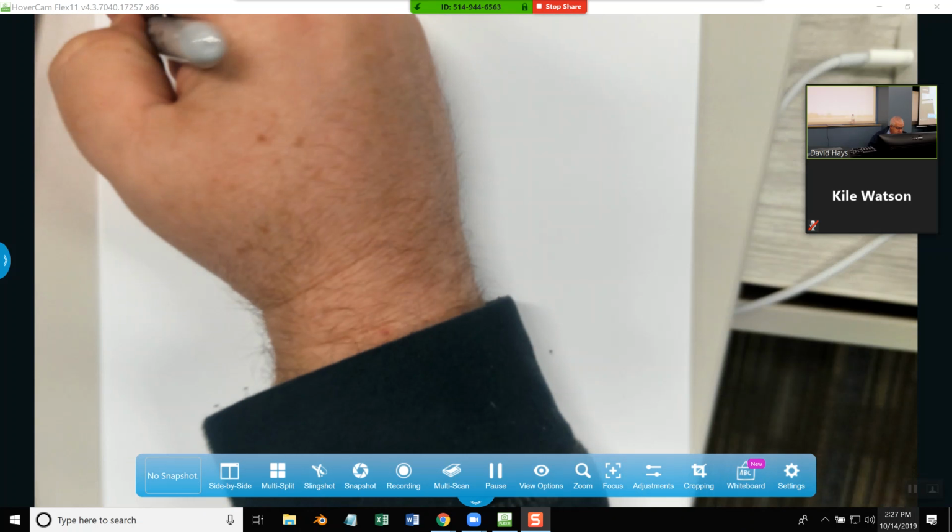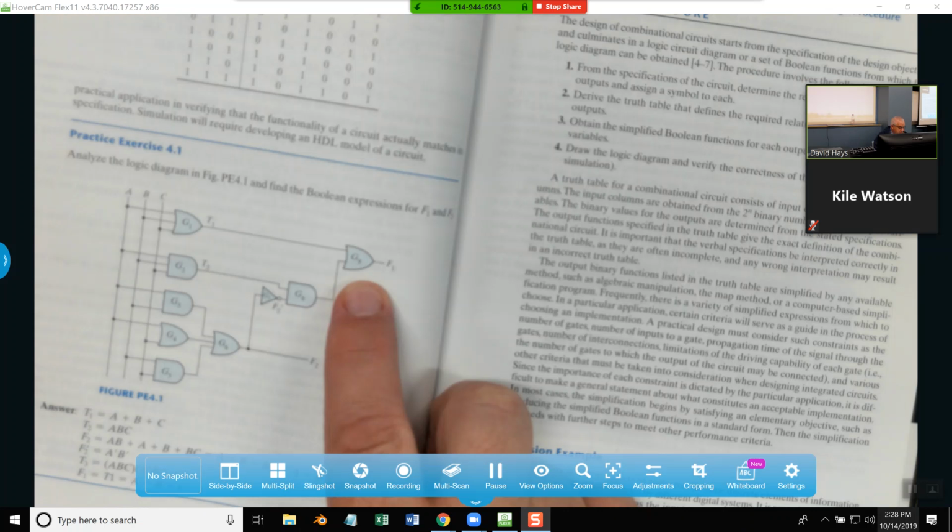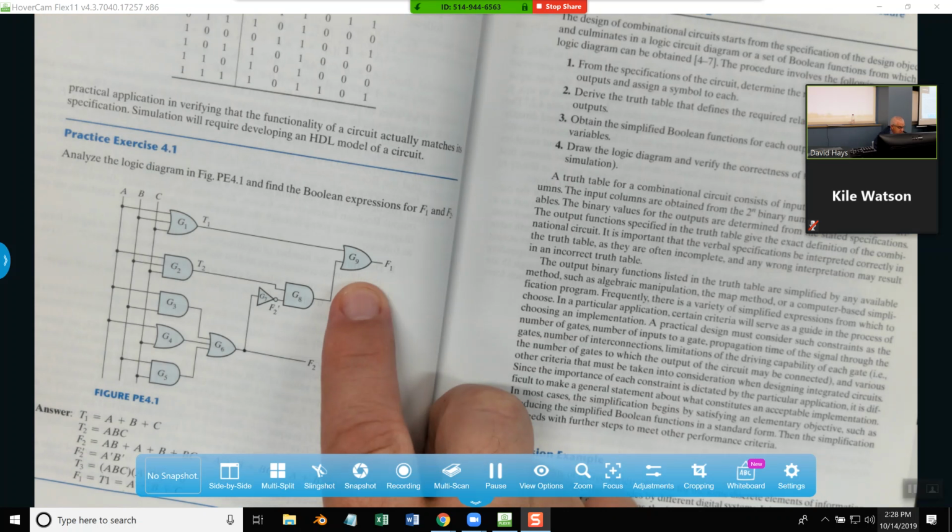So T1 is right here, and it looks like it brings in A, B, C. This plus T3. T3 is right here, and it's coming out to G8, which should be T2 and not F2.